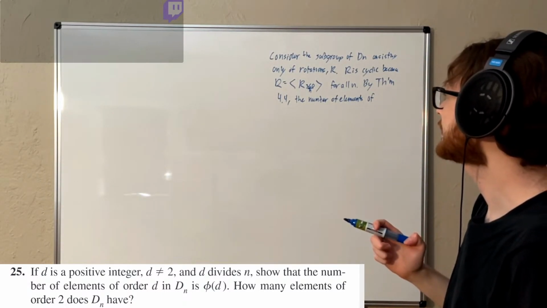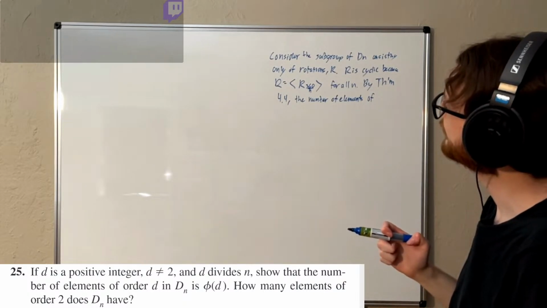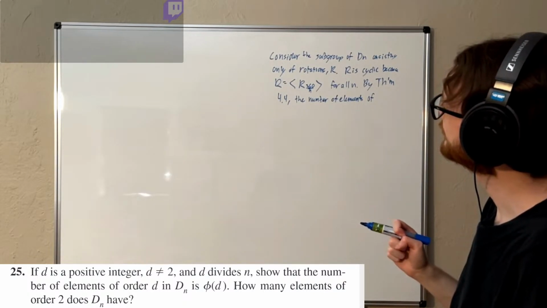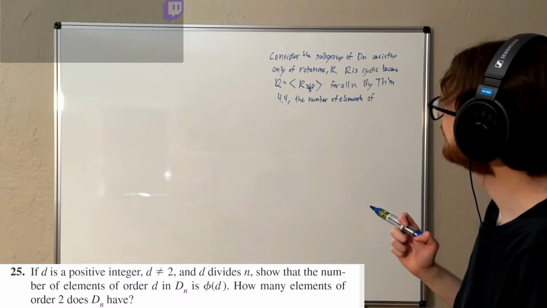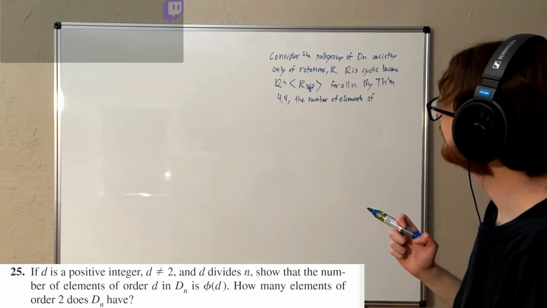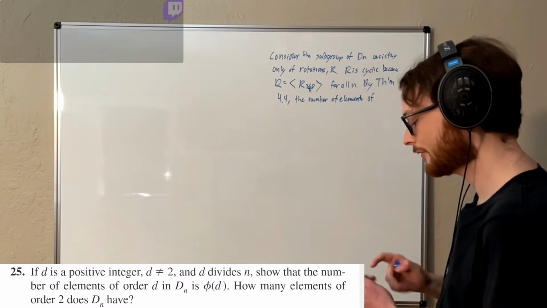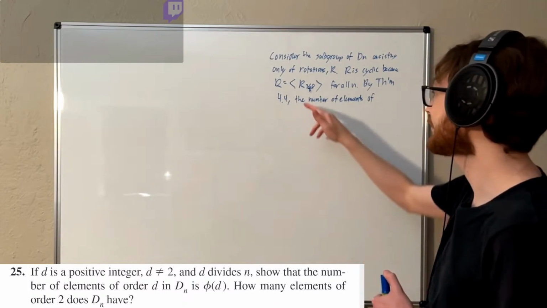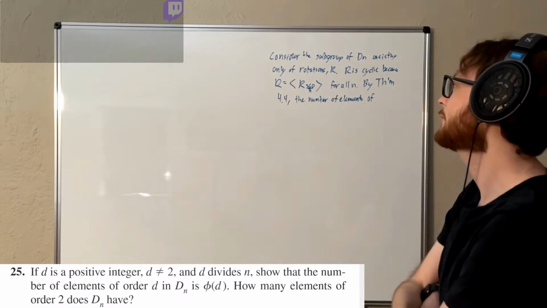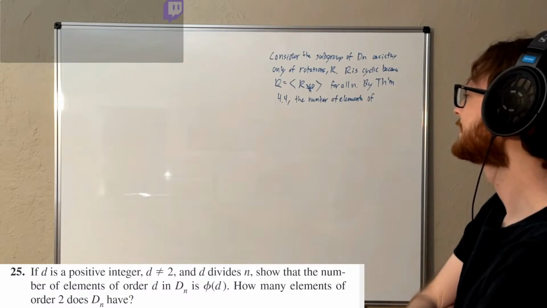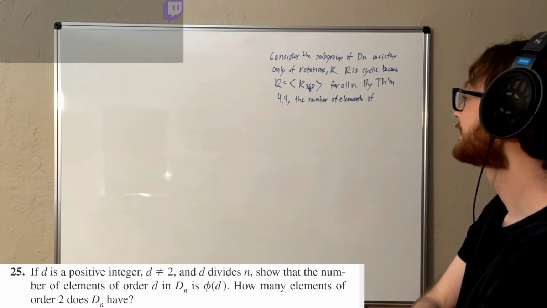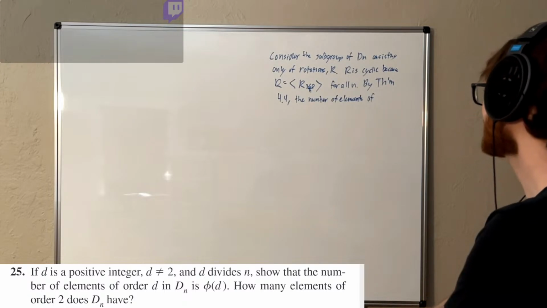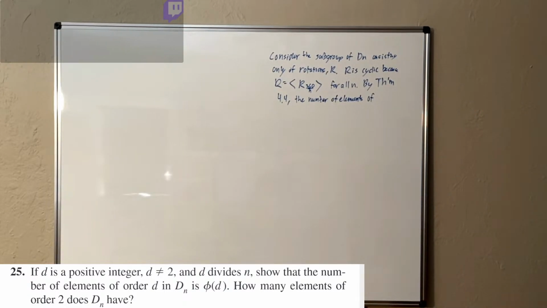So there, I guess like the order of this subgroup is half the order of the entire dihedral group. Does that matter? Like, do we have to account for that?